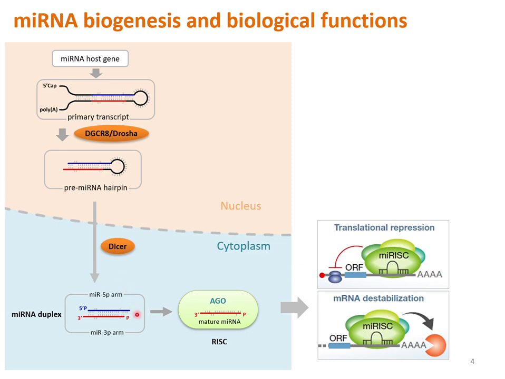The guide strand is the mature microRNA, loaded into the AGO-containing RNA-induced silencing complex, RISC, to suppress the target mRNA. There are two major mechanisms of microRNA silencing, that is, repression of translation initiation and mRNA decay.